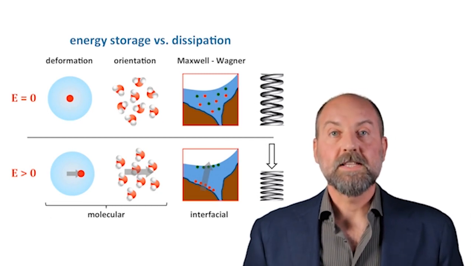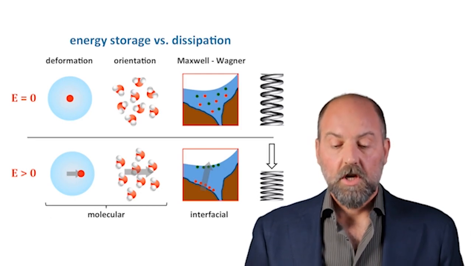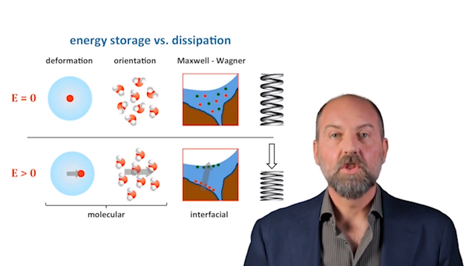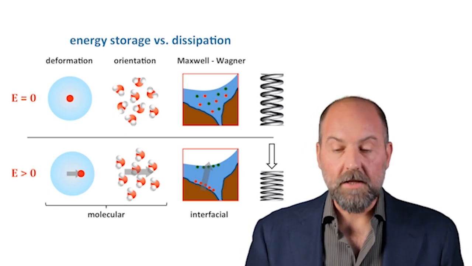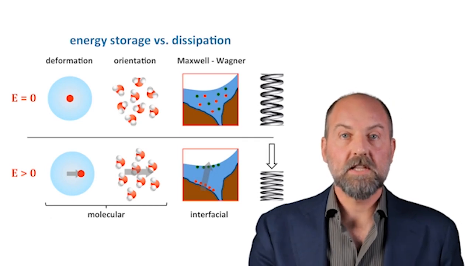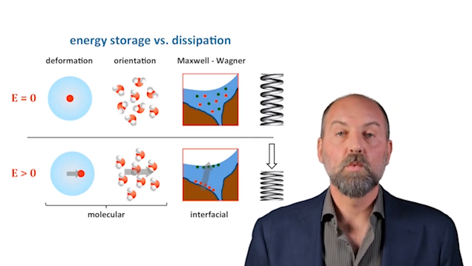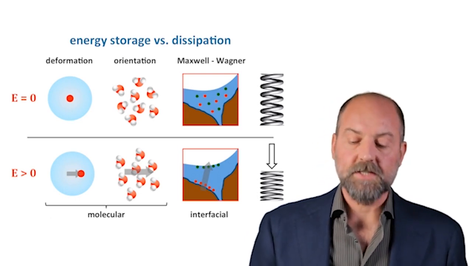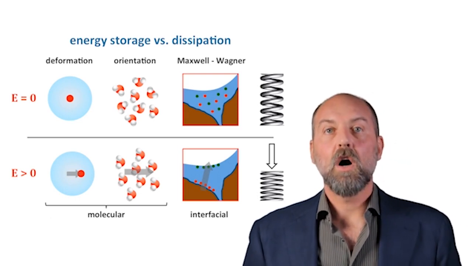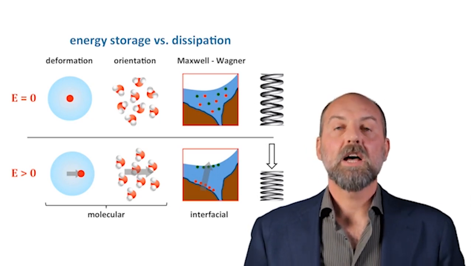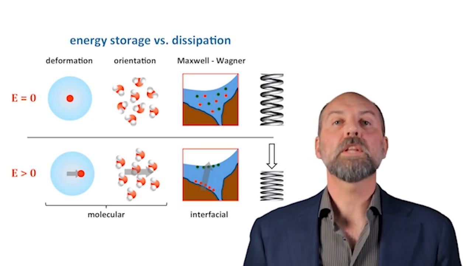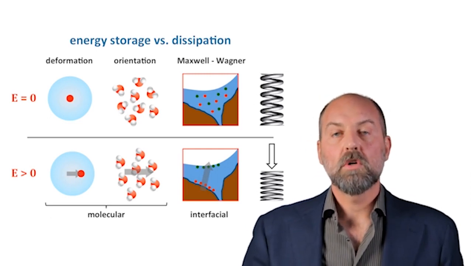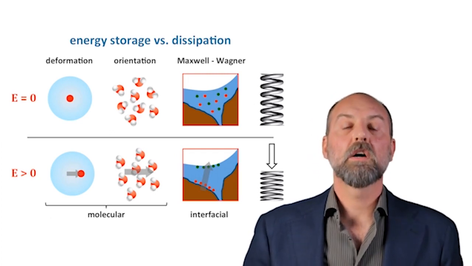Or if we consider an ensemble of water molecules, unless we supply energy, those molecules will be oriented at random. And likewise, the cations and anions in a water solution will be distributed uniformly within it. And so you can think of the polarization mechanism as a form of storing energy, very much like you can store energy when you compress a spring by applying a force.